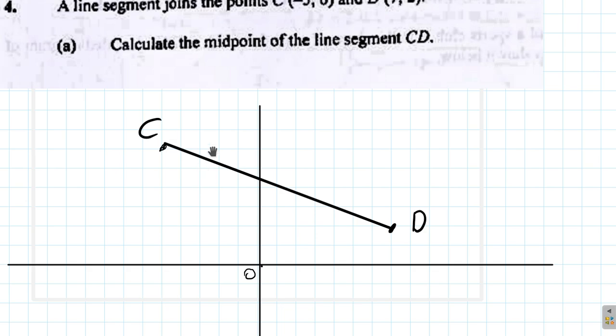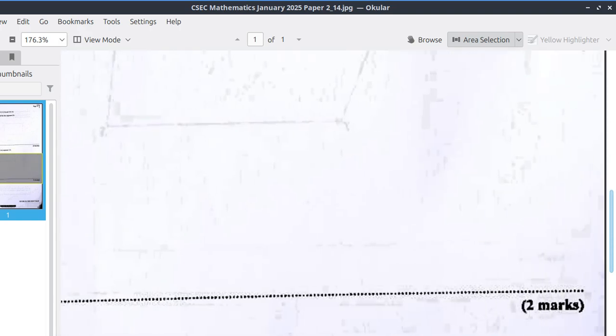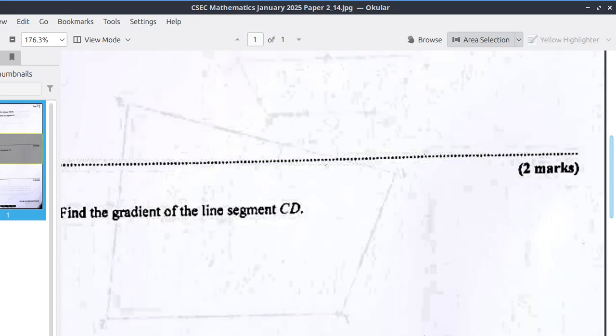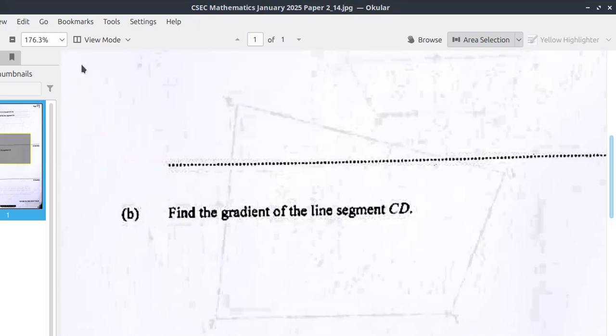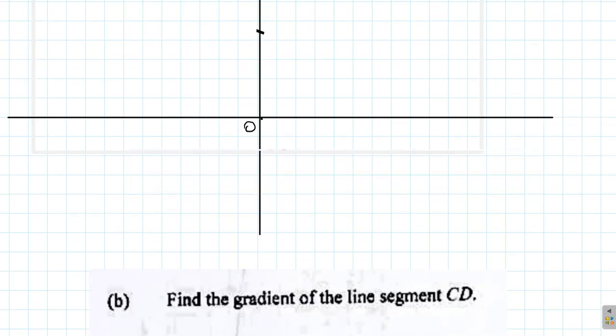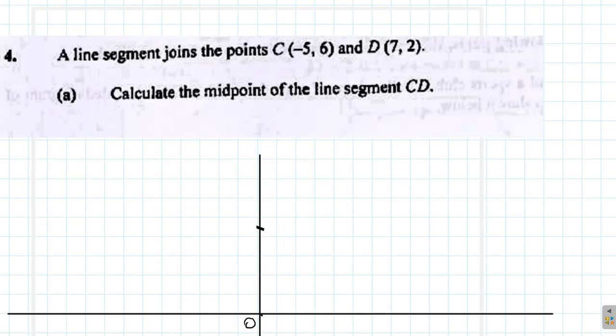What you will have, we're back here now with part B of question 4 from the January 2025 CSEC Mathematics paper. Part B says to find the gradient of the line CD. It's for 2 marks. Alright, I had copied that part of the question over here. And we have our graph again. I had erased it. What was C?